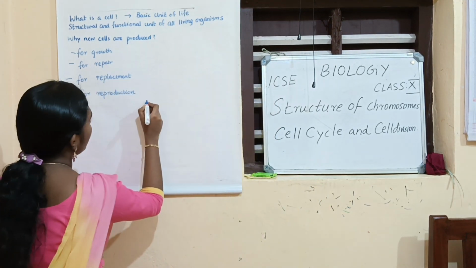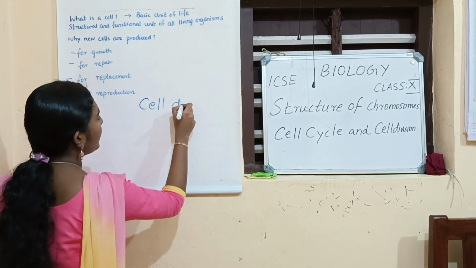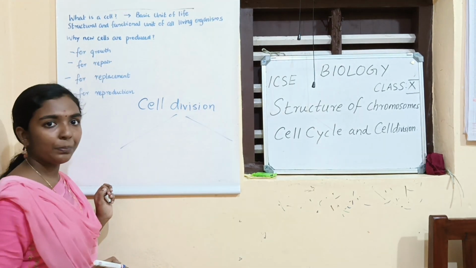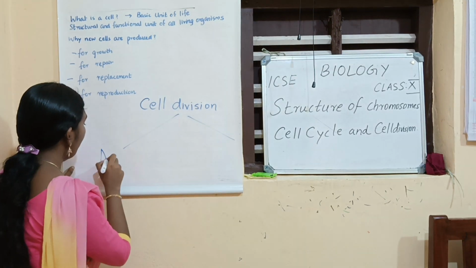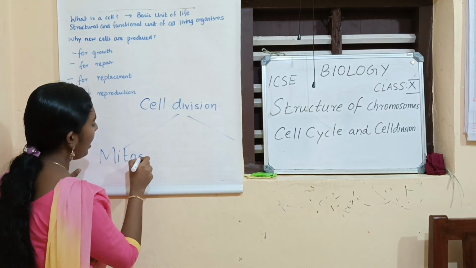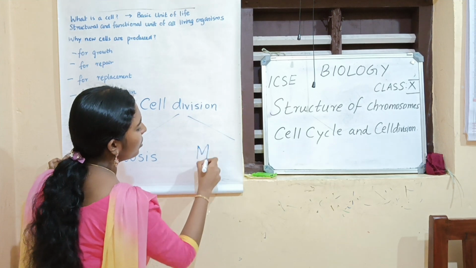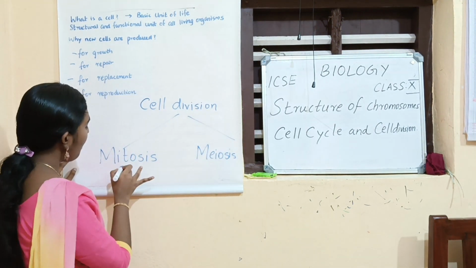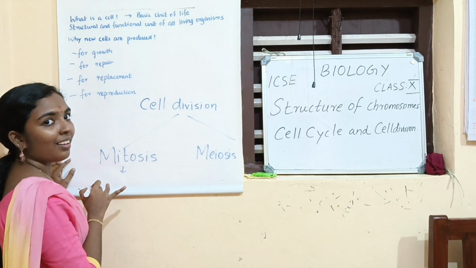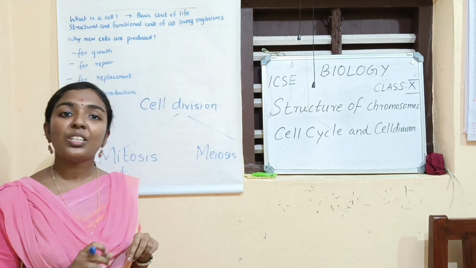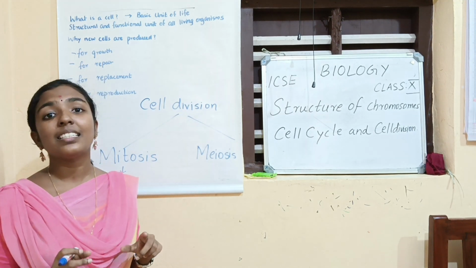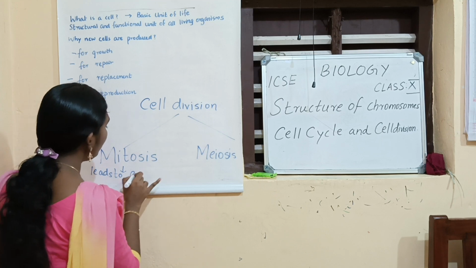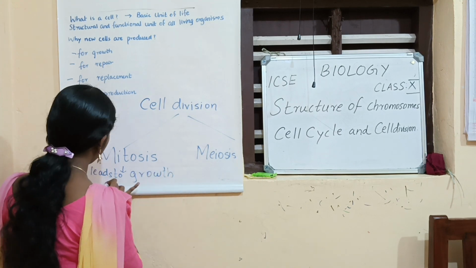So, the process of cell division is of two types. Do you have any idea? Yeah, very good. Mitosis and meiosis. Mitosis: this cell division leads to growth and development.